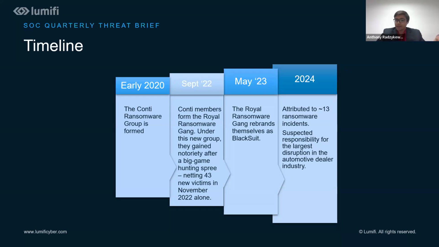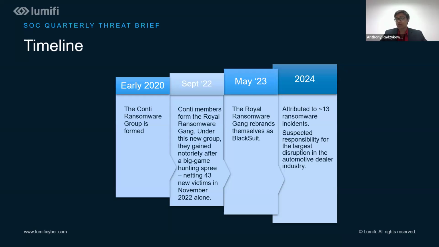Now, in September of 22, they disbanded and formed the Royal Ransomware Gang. So you have to keep in mind that these very experienced members of Conti pivoted over to the Royal Ransomware Group.